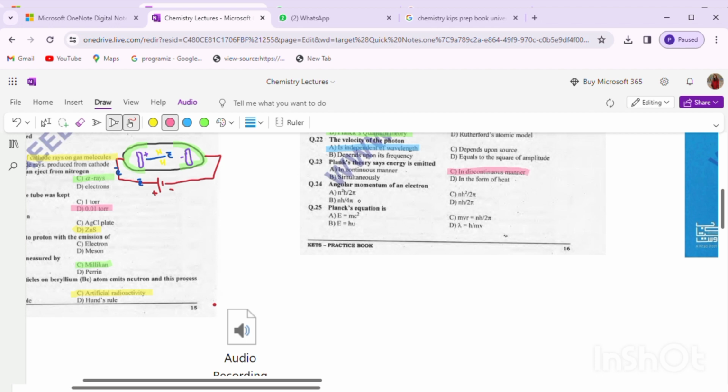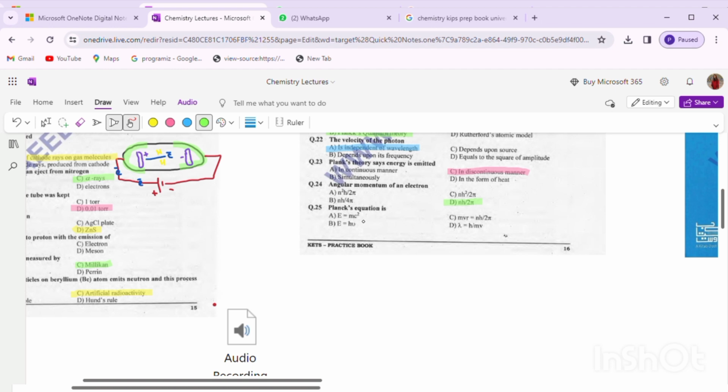For angular momentum of an electron, h by 2 pi is the correct unit: angular momentum of an orbit is an integral multiple of h by 2 pi, where the integral multiple represents n, which means n h by 2 pi, where n represents the shell number.